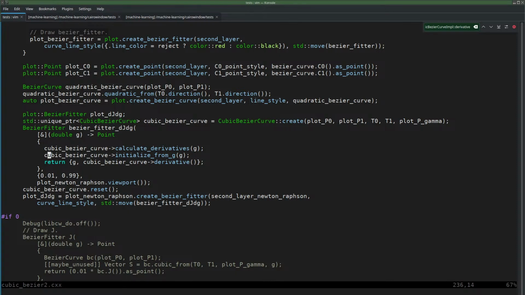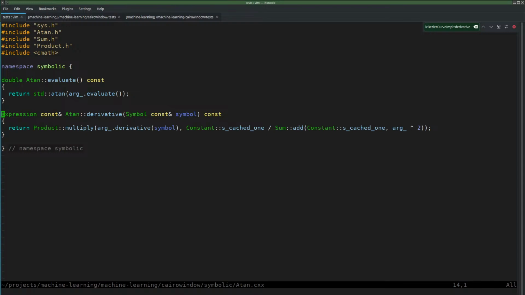Maybe move that into this as well. This whole thing is debug anyway. Let's see. Is this a virtual function?